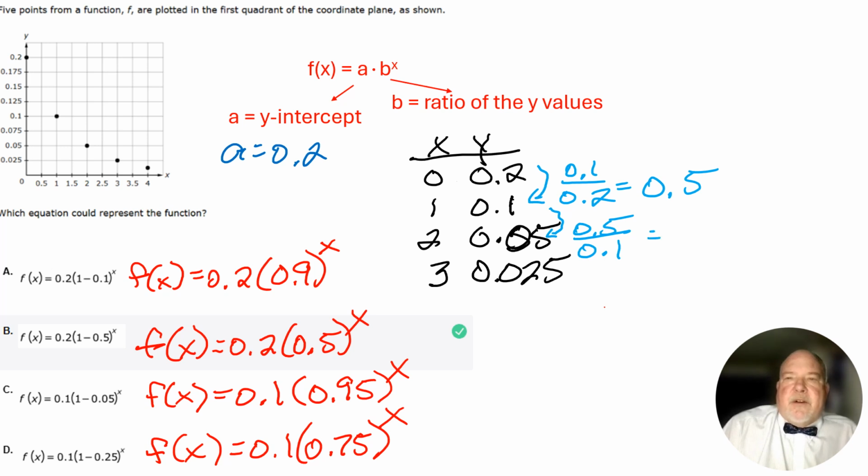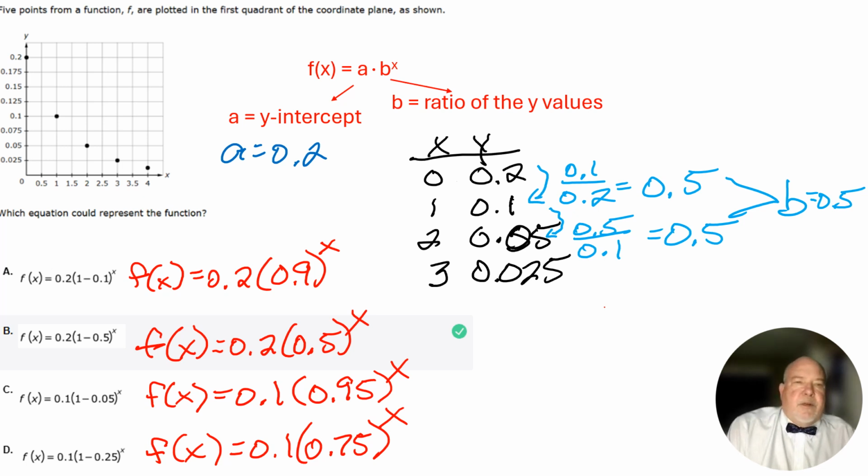And that one is also equal to 0.5. And if you check the last one, it would also be equal to 0.5. So our B value is 0.5. And so my answer is going to be B.